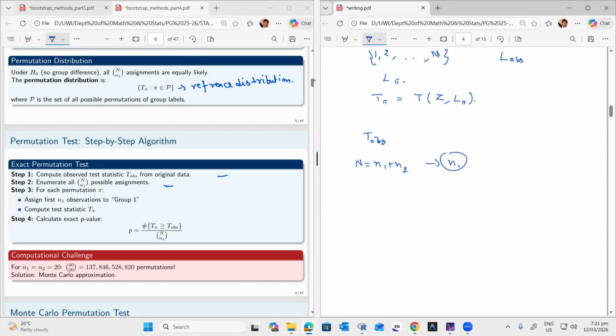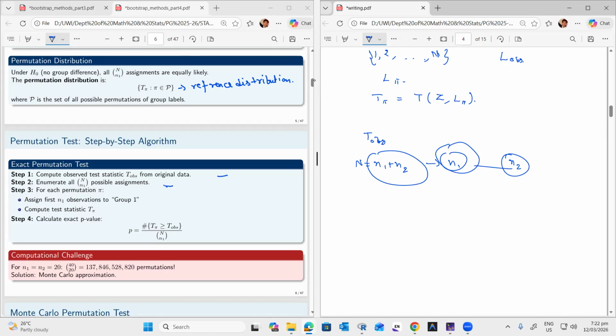We choose N1 observations from the total, label them as group 1, and the remaining observations we label as group 2. That happens automatically, so we need to focus on N1 only.